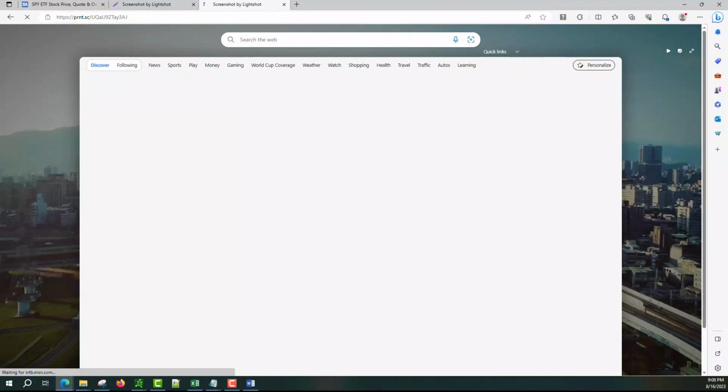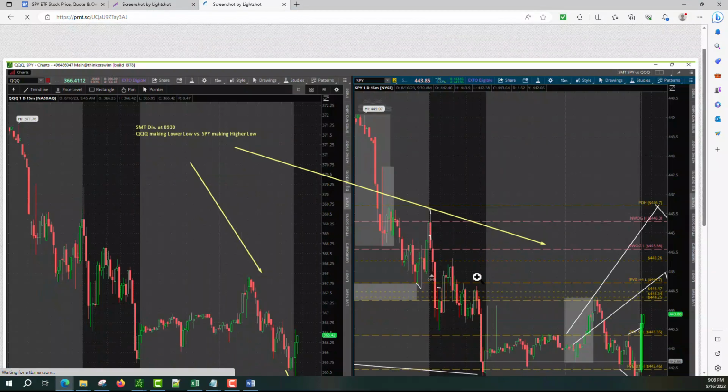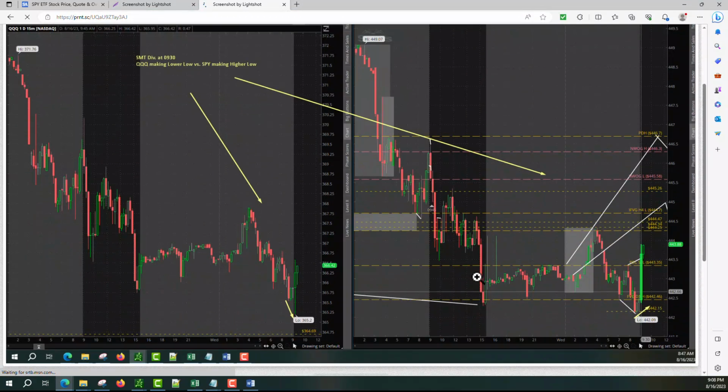Okay, so right here we see the confluence. At 9:30 it opened, the QQQ made a low, while the SPY made a higher low. So that gives us a reason to go long right there.